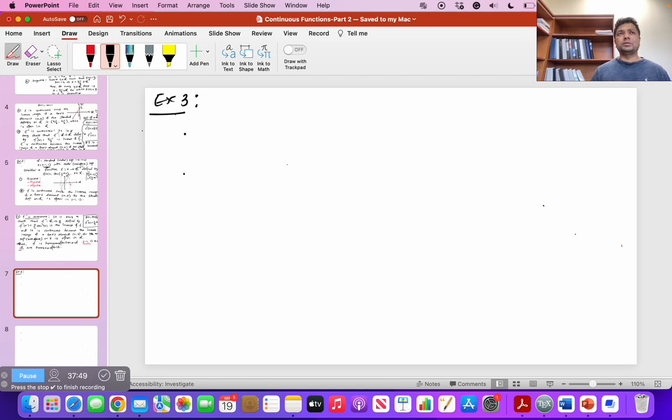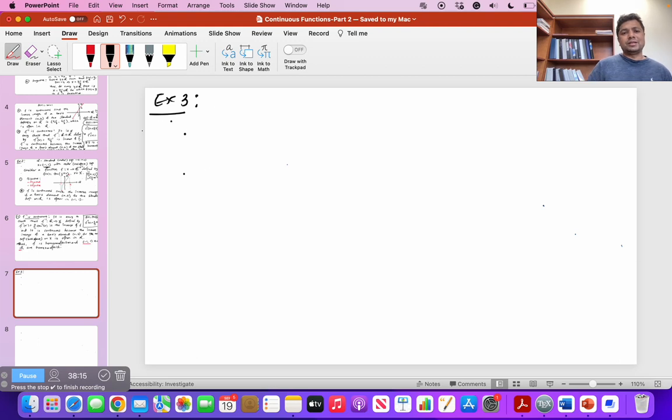One of them was from the lower limit topology to the standard topology on R, and the function was the identity function, which was continuous. The other one was from the standard topology to the lower limit topology, and again the function was the identity function, but that function was not continuous.